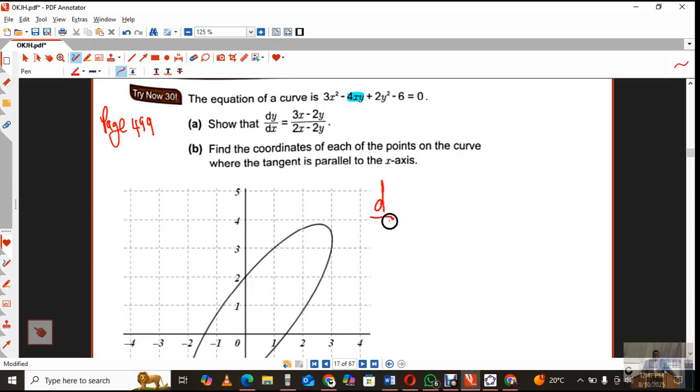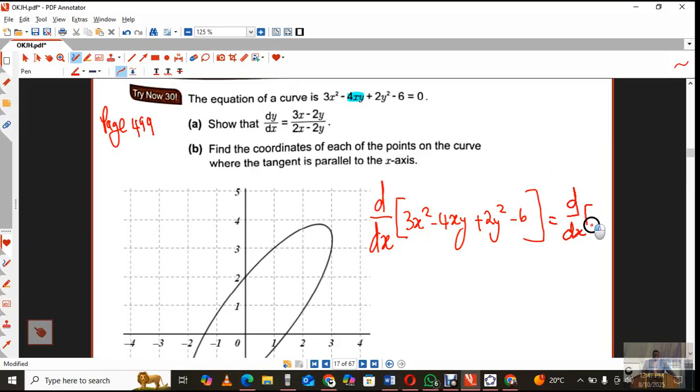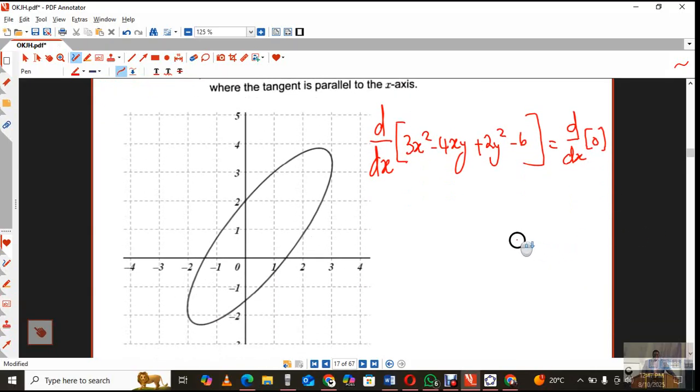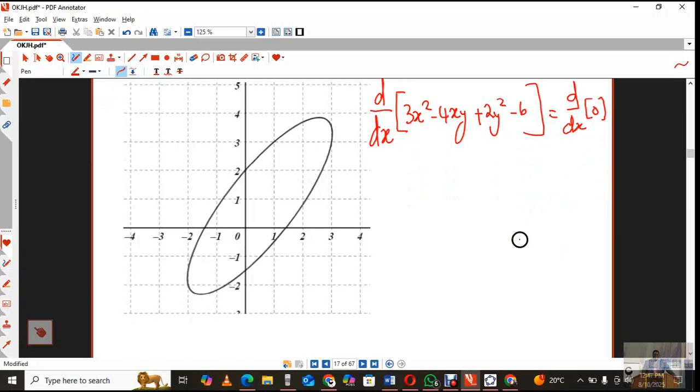So it's d by dx of 3x squared minus 4xy plus 2y squared minus 6 is equal to d by dx of 0. I made a mistake. Okay, right. Maybe let me just write it over here.